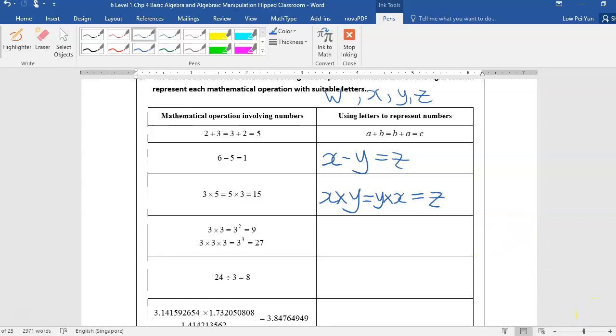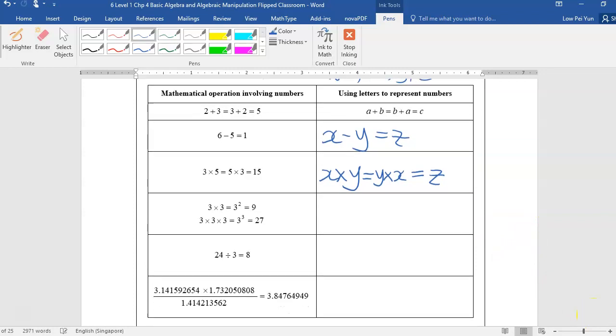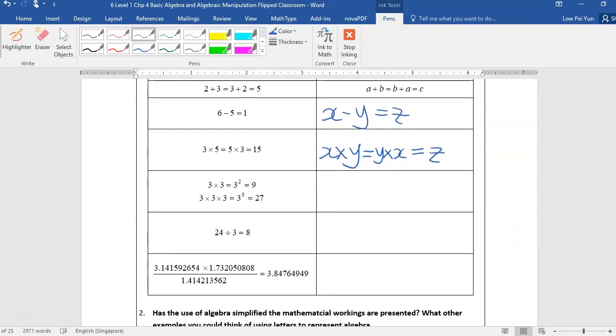Now let's move on. I'm going to use x and y for this example. So x represents 3, x times itself, which is x squared, is equal to y. In this case, y is representing 9.